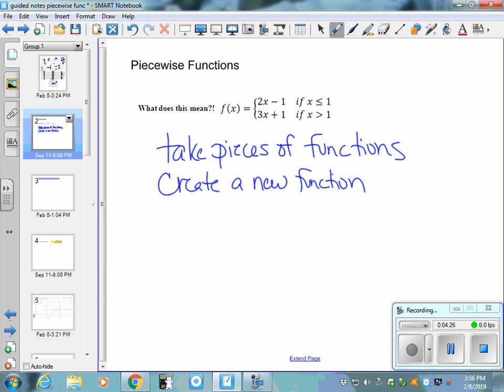And we take the pieces from these restrictions of our x's. So these restrictions are the instructions of what pieces to use.